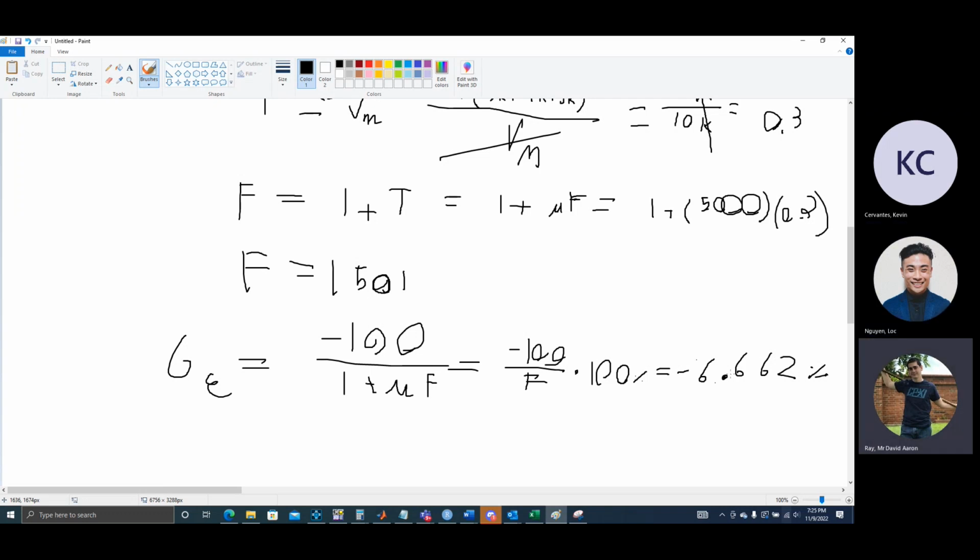I've seen that a few times, but for problem 3, no, this is problem 1, sorry. Problem 1, let's see. I think he's getting a different value for 1 plus mu F.